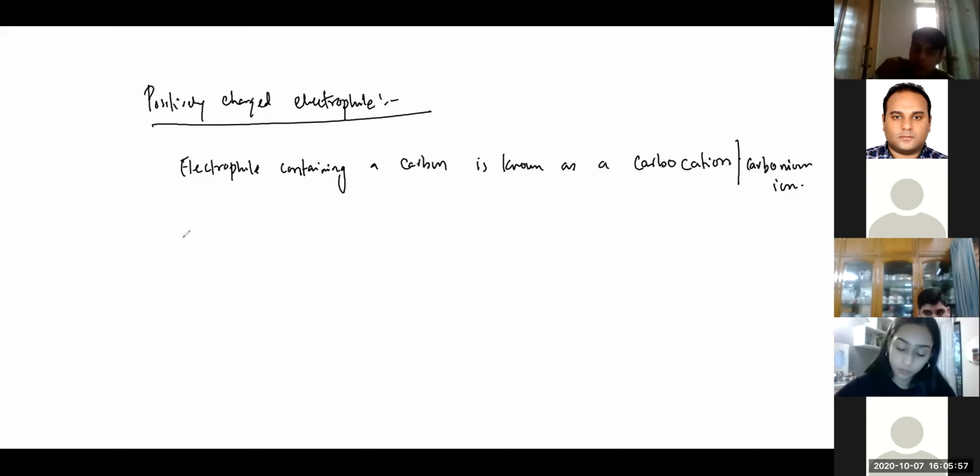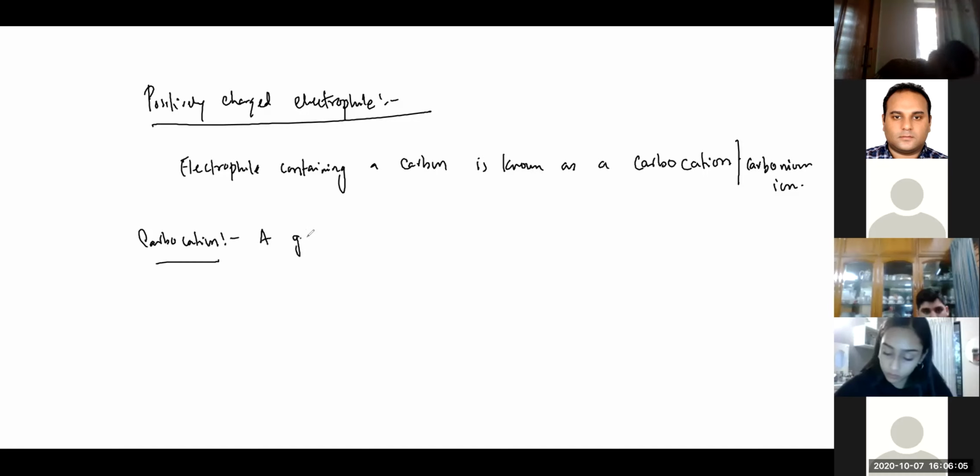So we can also define a carbocation as a group of atoms which contain a positively charged carbon.